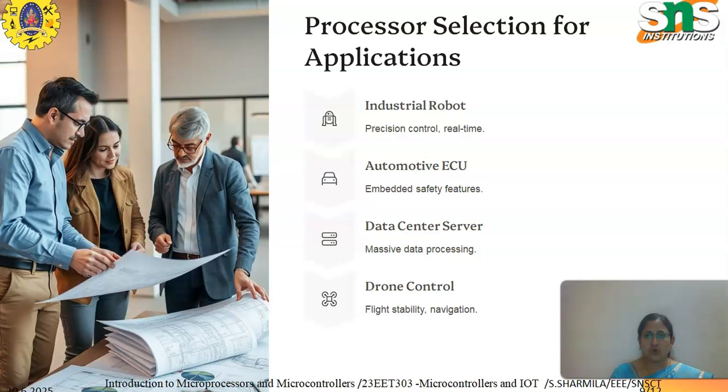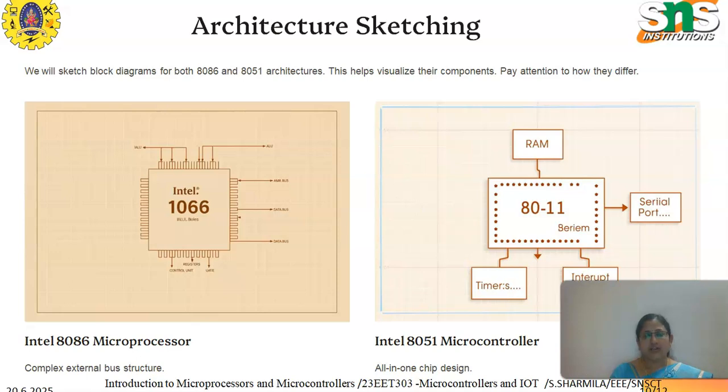For the industrial robot, it gives precision control and real-time application, and there are automotive executive units with embedded safety features, data center servers, and drone control for flight stability and navigation. And we have to sketch the architecture based on your understanding of the previous slides, because it is the Intel microprocessor and it has a complex external bus structure, because it does not have built-in memory and input-output units.